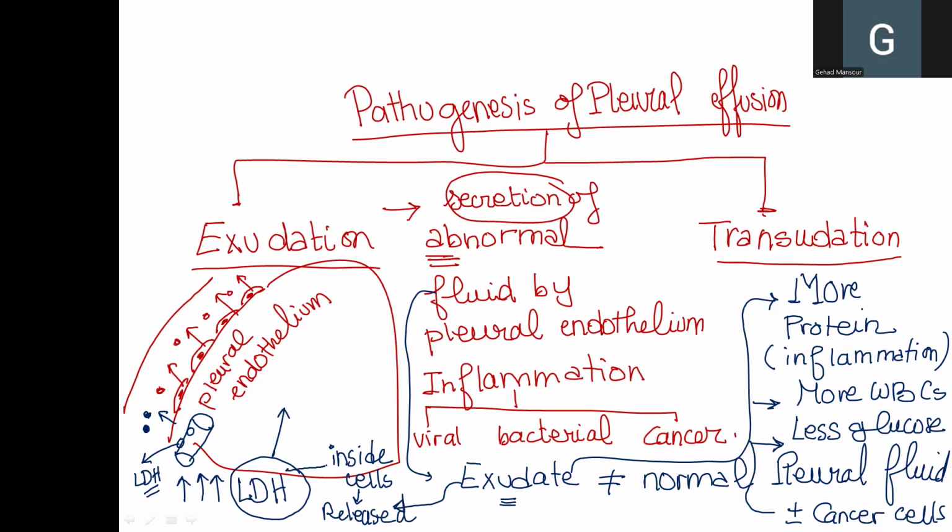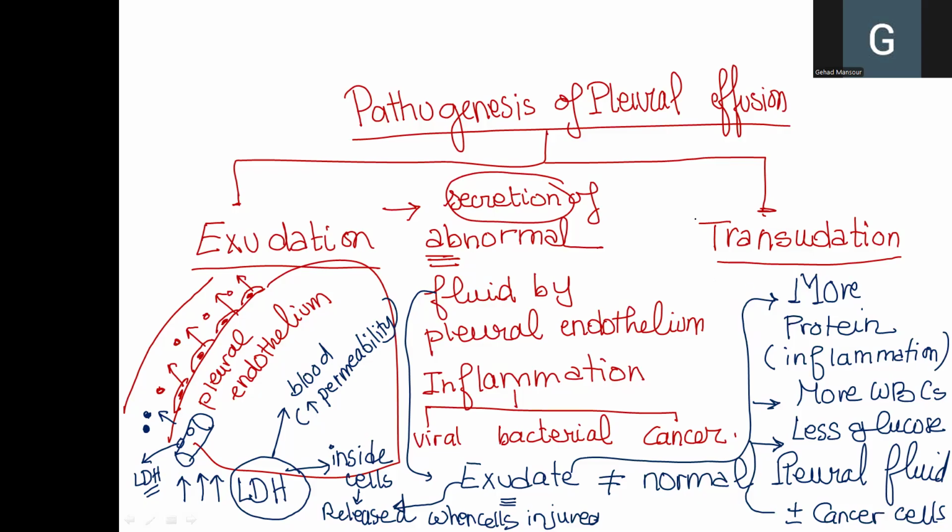It might come from the inside of the cells, released when the cells are injured, and it might come from the blood, released because there is increased permeability of the capillaries, and the pores of the capillaries are now wider. This is all you have to know about exudation.